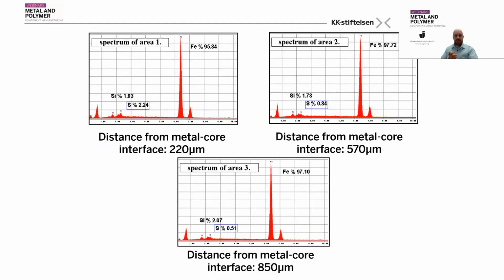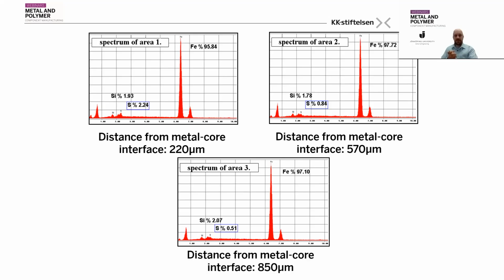And using these points 1, 2, and 3 from the previous picture, we made the microprobe test looking for the sulfur. And we have found out that on the first picture, the distance from the metal core interface is quite low. So if we are in the carbonic zone, there we have a quite high amount of sulfur, 2.2%.